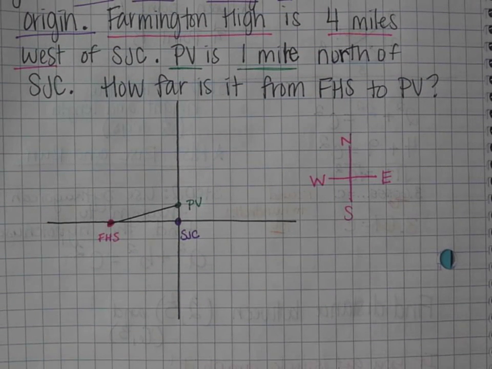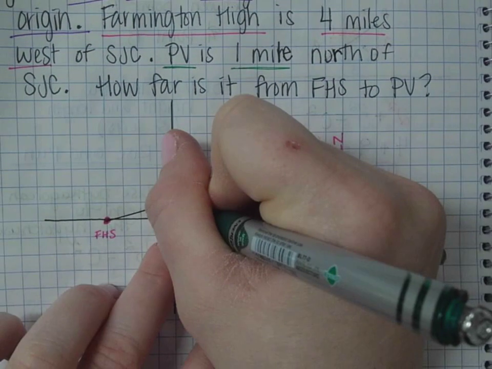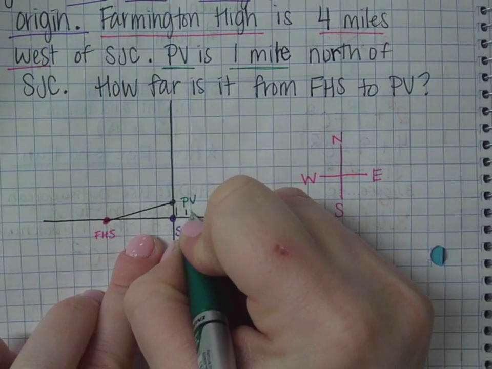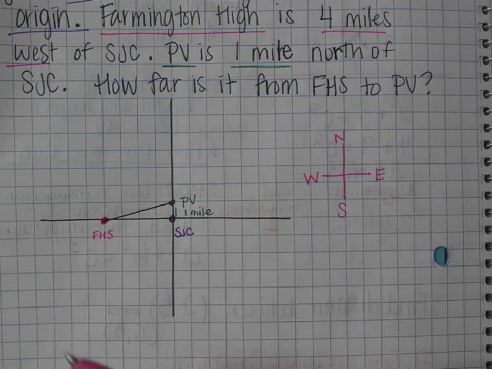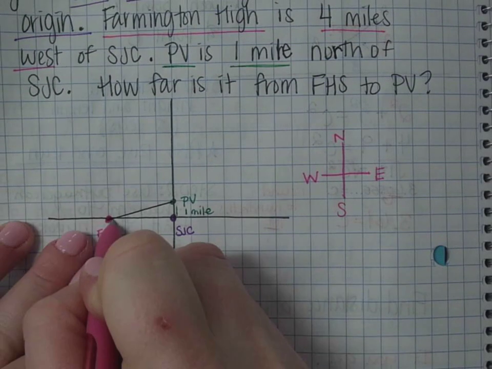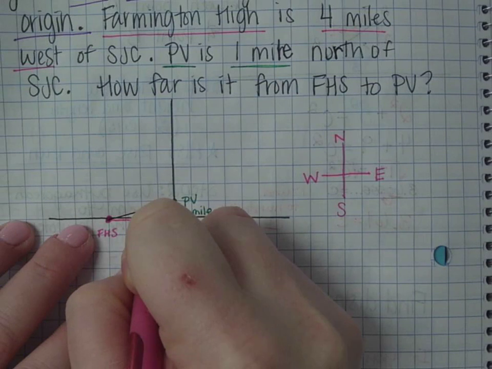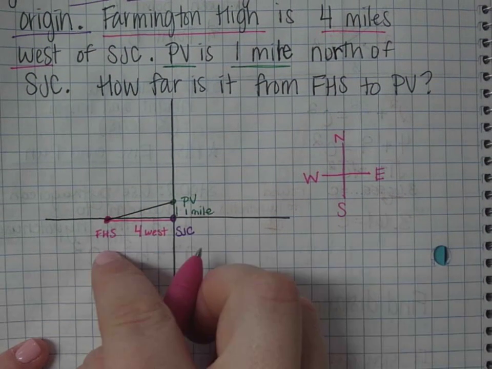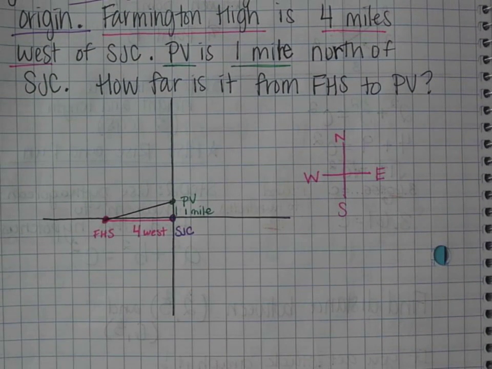So again, you want to find the rise and the run. So this is 1 mile north. This is 4 miles west. Really, the direction doesn't matter when we're finding the distance. Once we have placed it on the grid, it doesn't matter.